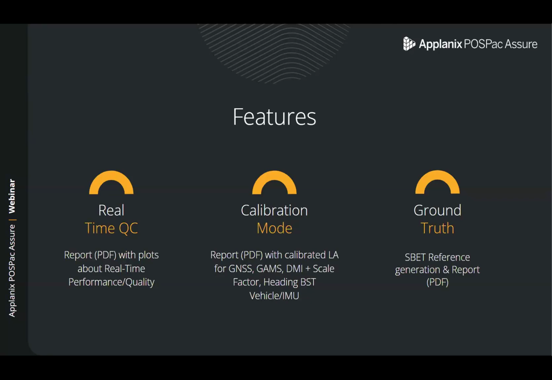Such parameters that you initially need to enter during the system setup can be calibrated by using this calibration mode feature. And the last feature here is the ground truth feature.